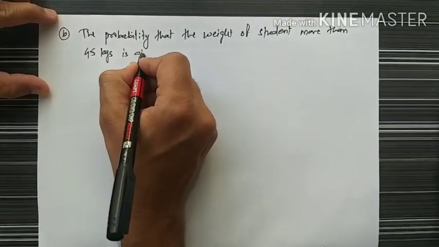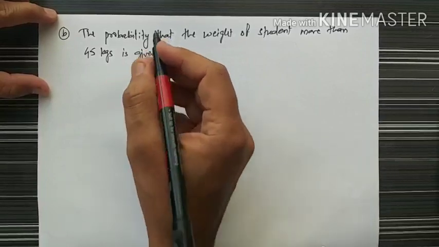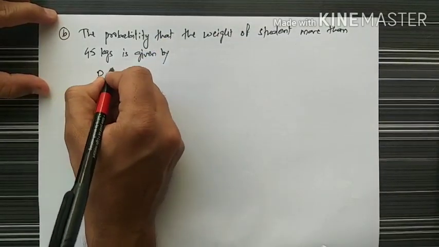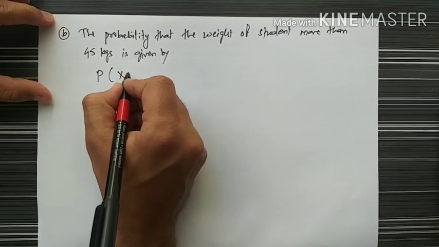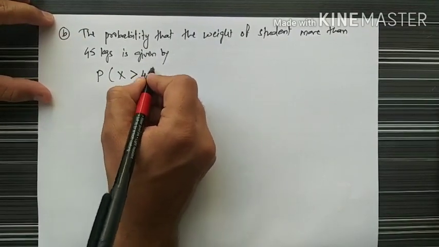In notation, it is the probability that X, that is the weight of a student, is more than 45.